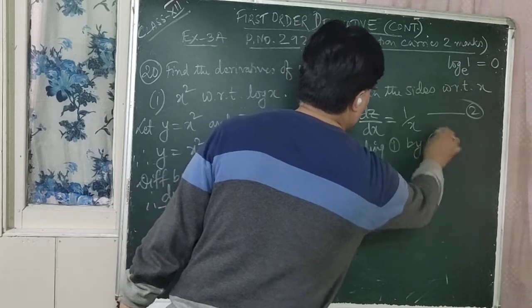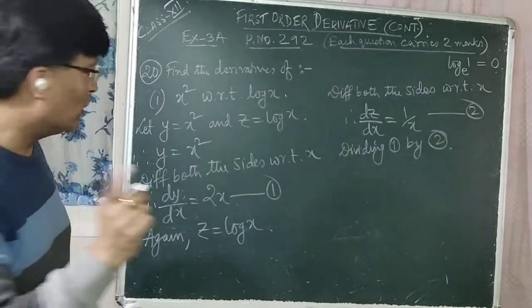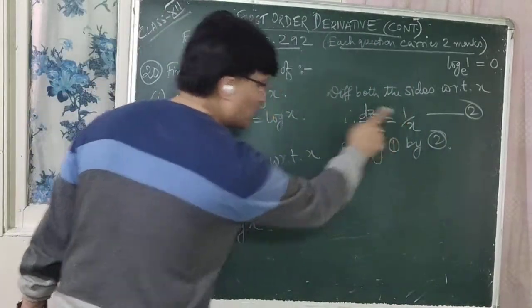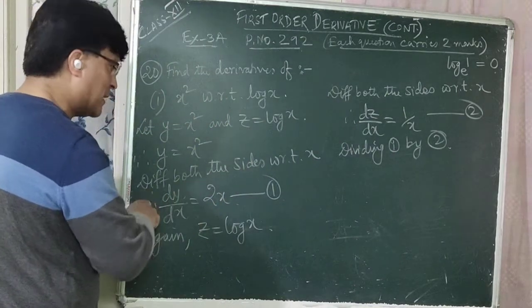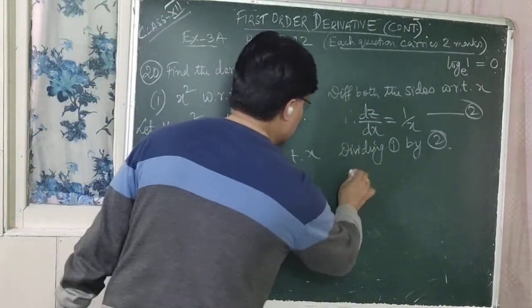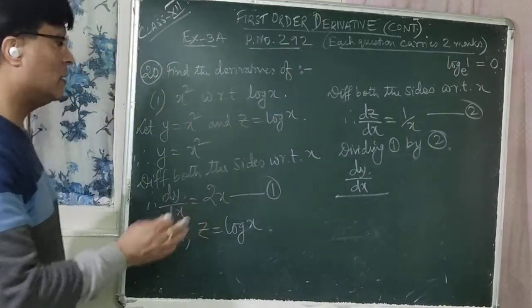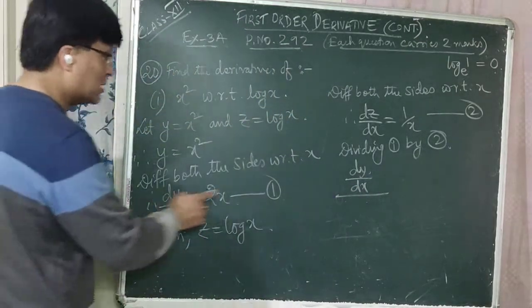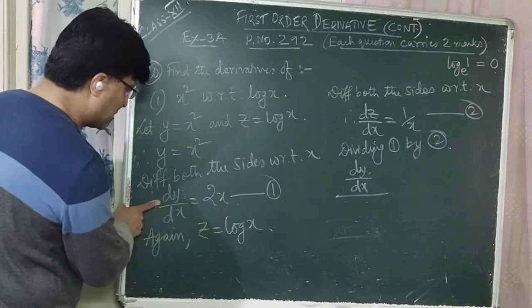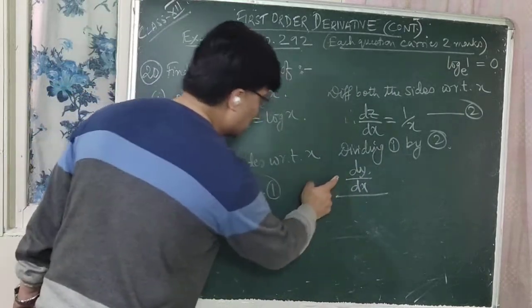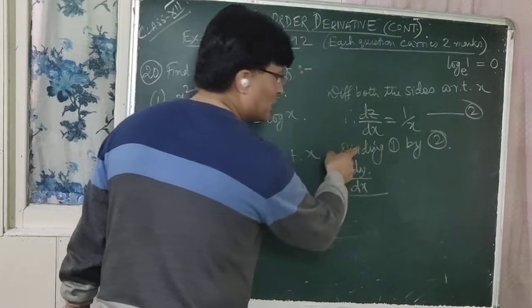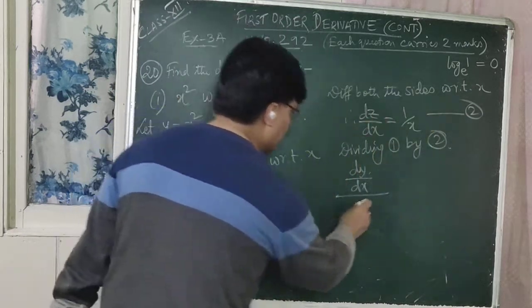Write down the left hand side of number 1 in the numerator, that is dy by dx, divided by the left hand side of number 2 in the denominator.